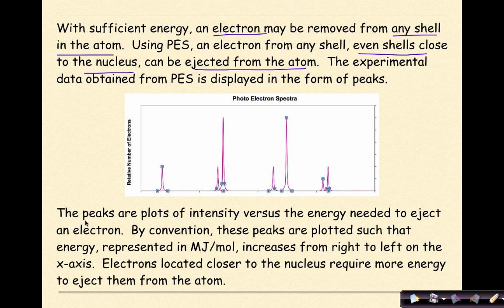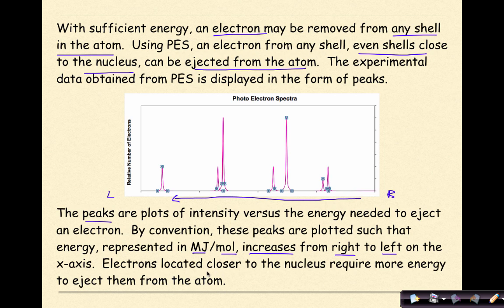The peaks are plots of intensity versus the energy needed to eject an electron. By convention, these peaks are plotted such that the energy, represented in megajoules per mole, increases from right to left on the x-axis. So my energy is actually going to increase as I go from right to left.